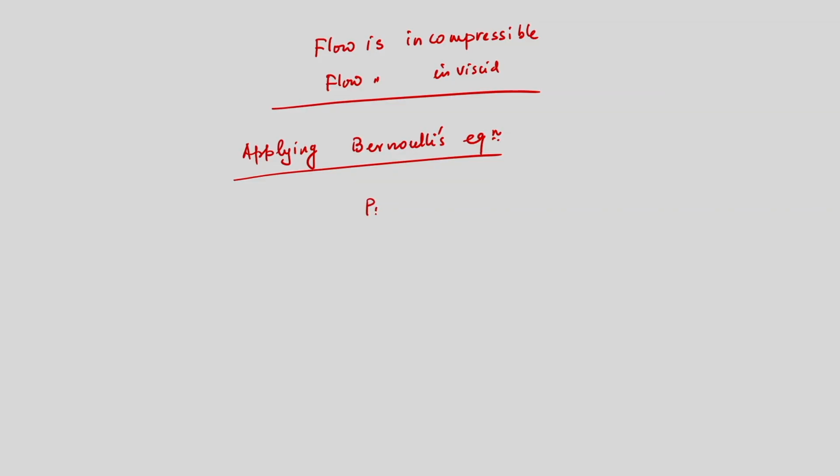Because of the curvature effect of the streamlines, the pressure will not be the actual pressure that we are going to measure. So, now if I apply Bernoulli's equation, I can write P1 by rho 1 plus U1 square by 2g is equal to P2 by rho 2 plus U2 square by 2g.